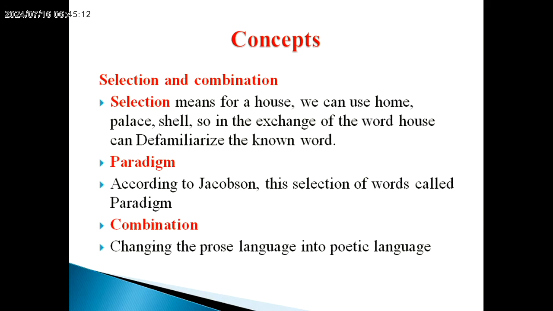So in exchange for a particular word, house, we use so many words. This is called defamiliarization. According to Jakobson, this is selection. And paradigm. What Jakobson means by the word paradigm is the selection of words. The selection of words that we have used for the word home is called paradigm.